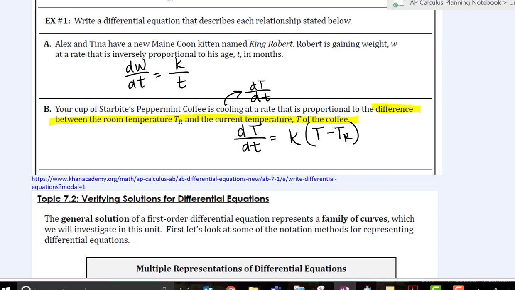So when it's inversely proportional, that constant is divided by that inversely proportional piece. When it's directly proportional, we're multiplying that constant. And then the last bit of information is checking the sign of that constant. Because my coffee is cooling, I'm going to put a negative k value right here because I know this is negative, or k is less than 0, because temp is decreasing.